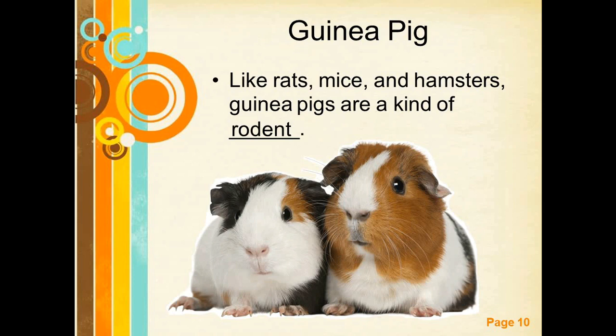Rodent. A rodent is a type of animal, a classification, like bird or fish. So the group, the family, rodents is comprised of rats, mice, hamsters, guinea pigs, and some other animals.